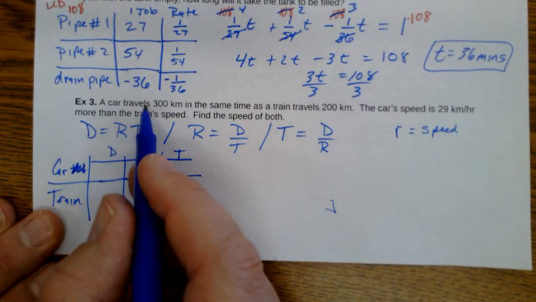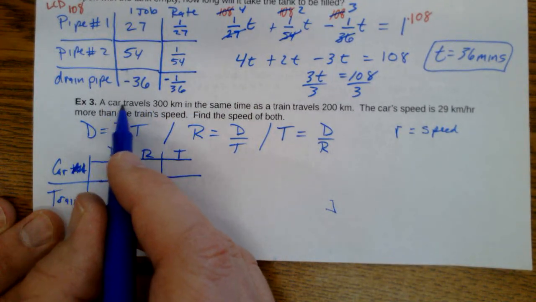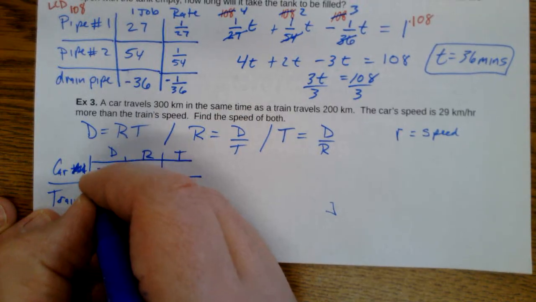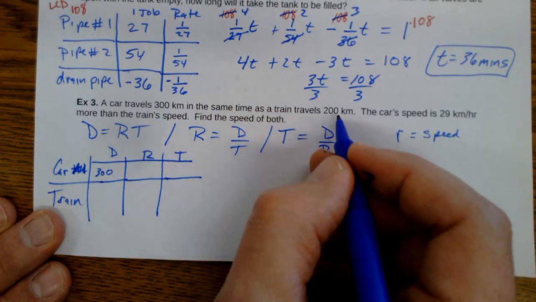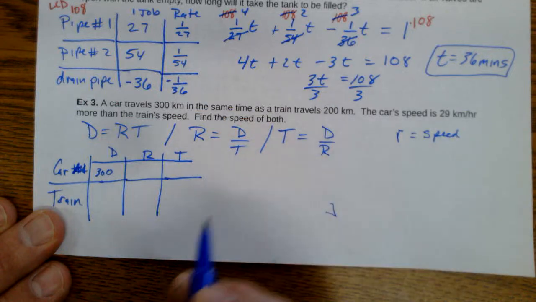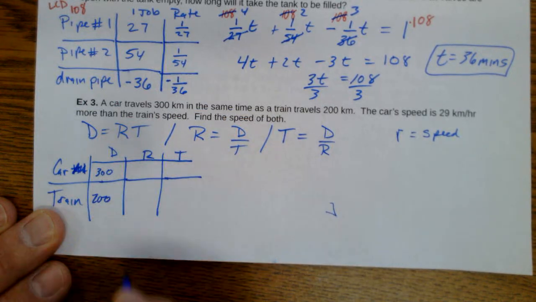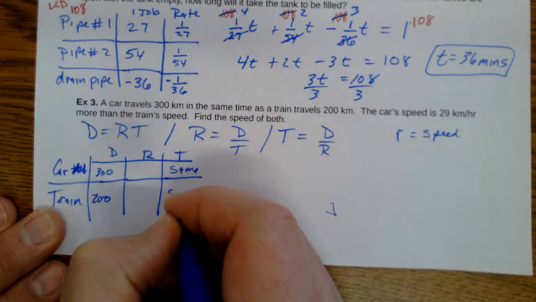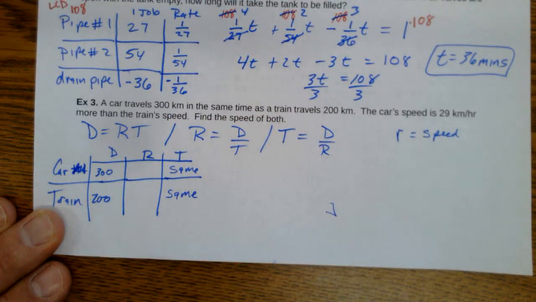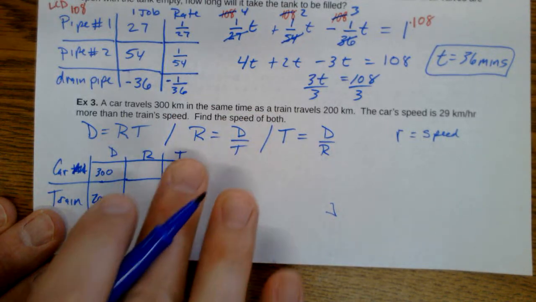So it's here, car travels 300 kilometers, so that's 300. In the same time as train travels 200 kilometers, so that's 200. The only thing I know about the time is they're the same. And we'll come back to that.